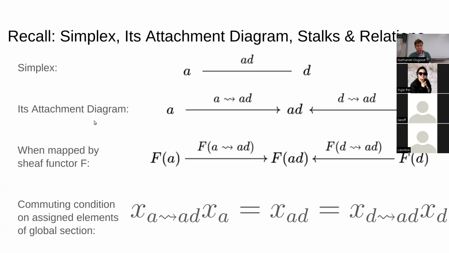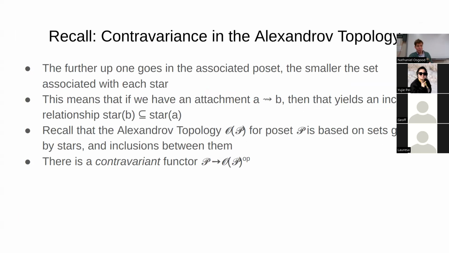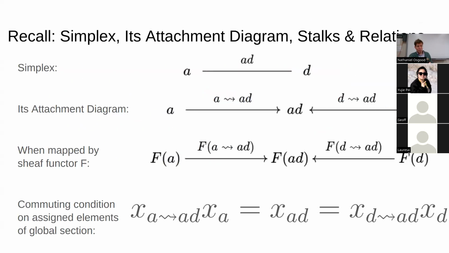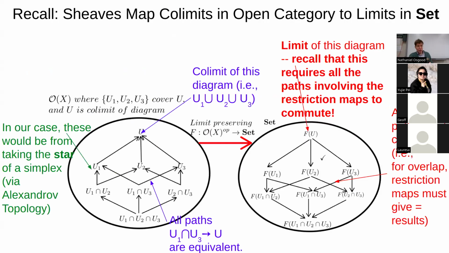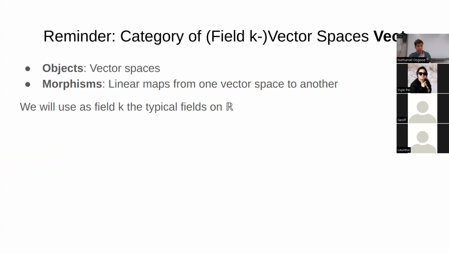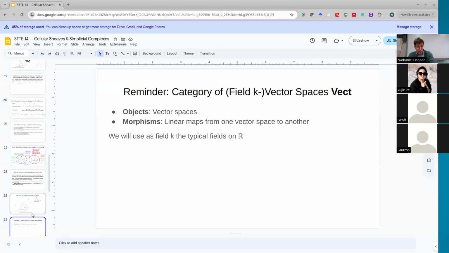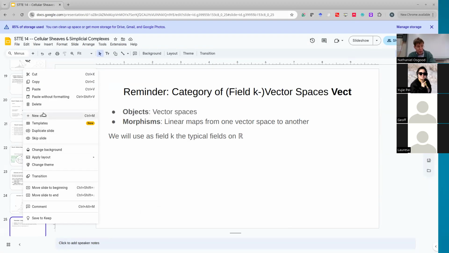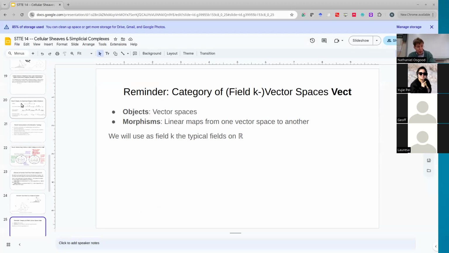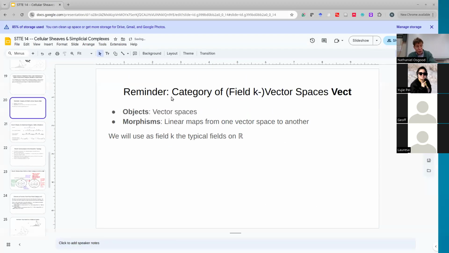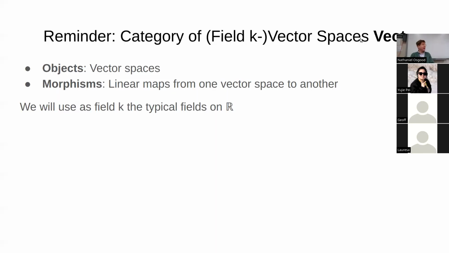Okay, and maybe I should say, and I should have probably included this back there, that we're dealing here with a category which Daniel Rosiak mentions in the book several times, this category Vect.